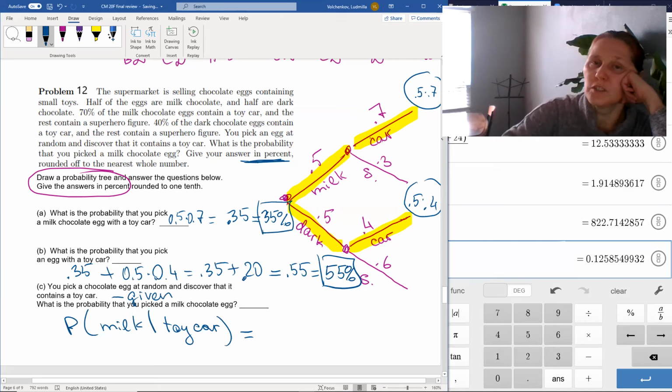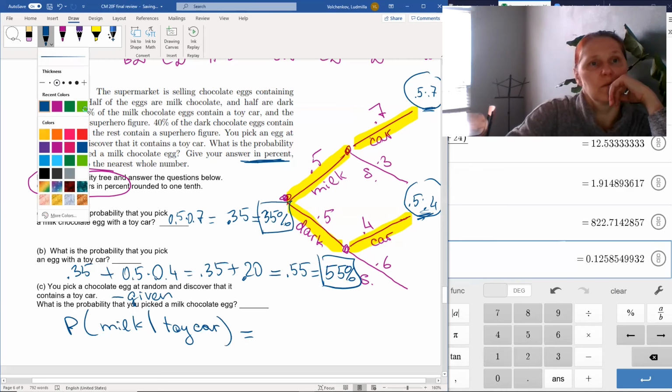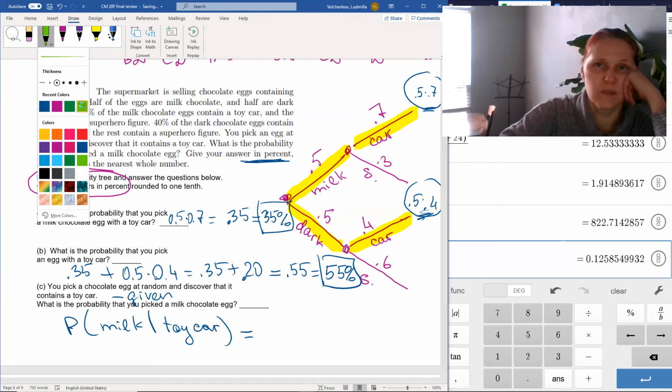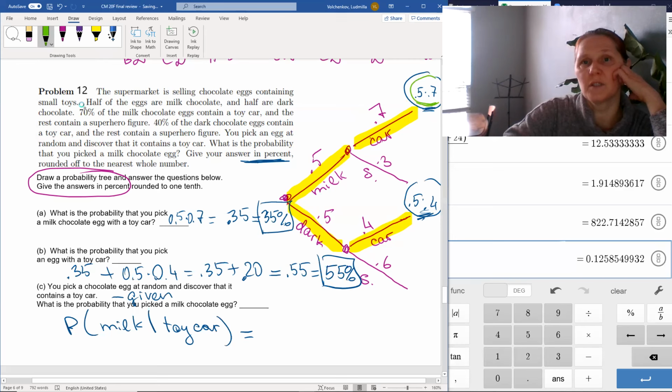So toy car, these two outcomes from the part B. And the probability that you get toy car and milk chocolate is this one.